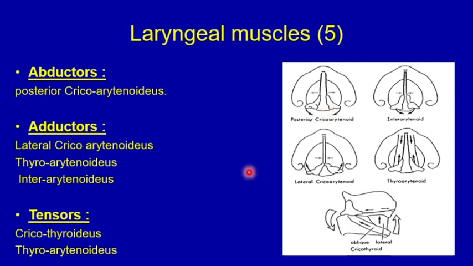The vocal folds can be tensed and lengthened by the cricothyroid muscle, which is an external laryngeal muscle that approximates the cricoid and the thyroid cartilage, and by doing this, it displaces the cricoid cartilage a little bit more posteriorly, stretching the vocal folds and increasing their tension. The other muscle that can also tense the vocal fold is the thyroarytenoid that forms the bulk of the vocal fold.